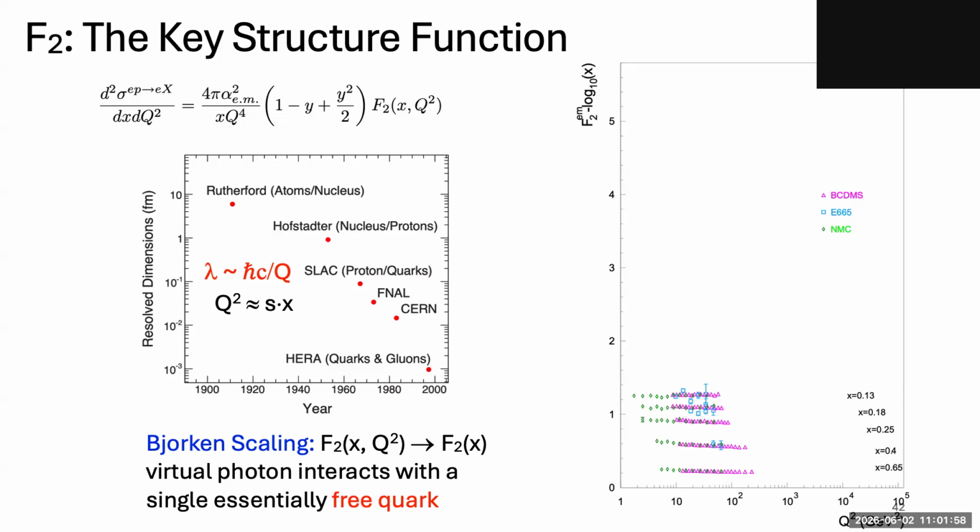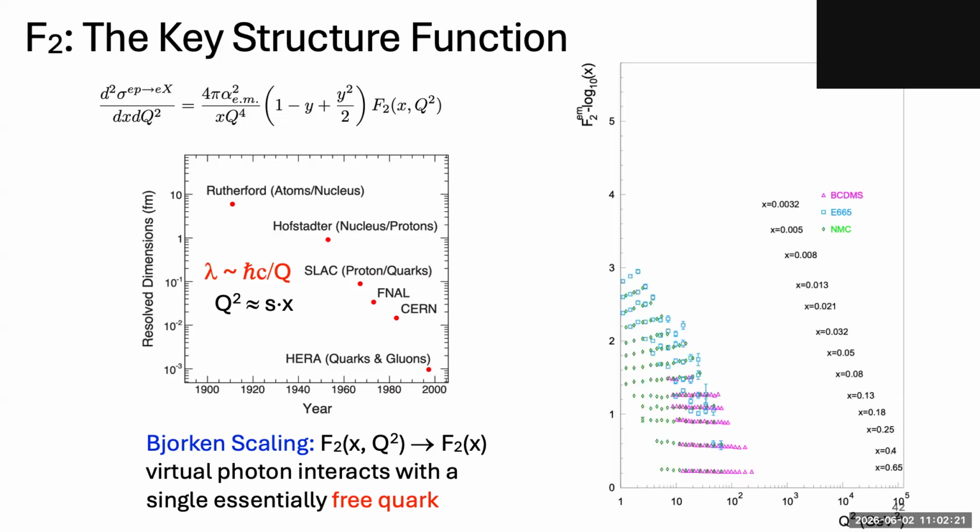You measure F2 at different x bins and vary your resolution. As Bjorken said nicely yesterday, you have this point-like structure: as a function of Q squared, no matter how much you resolve, you always see the point-like structure.